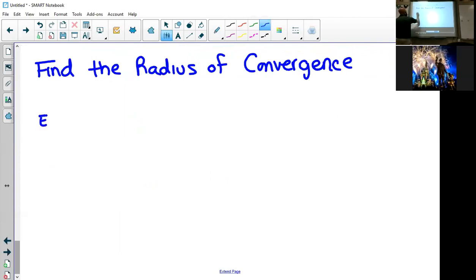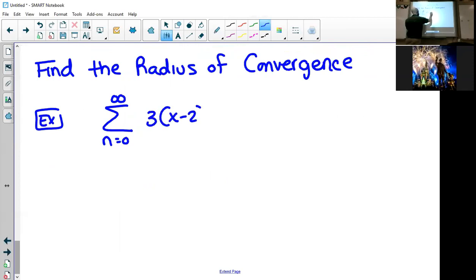Our first example we're going to take a look at here is going to be the series n equals 0 to infinity 3 times x minus 2 to the n. Now, with all of what we're going to do, we learned the ratio test last out of our tests, right before root test. The ratio test is one of the most important ones we're going to use in this section because it gives us a rule for when something would converge.